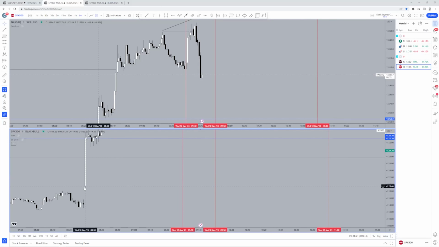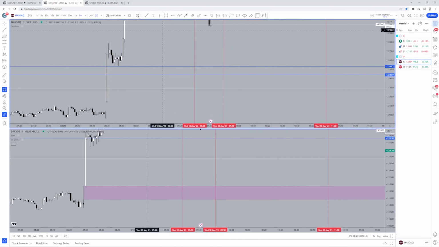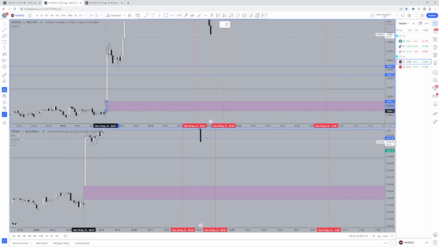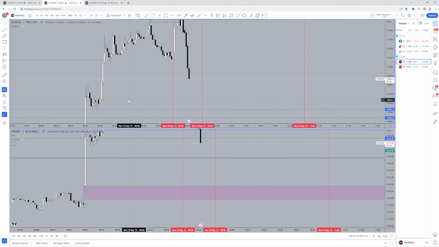And we have this volume imbalance as well down here. Let's note that down. We have it here as well. Wow, look at this movement.